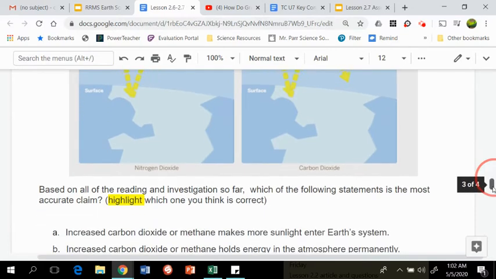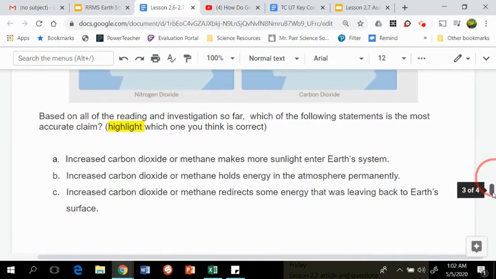So based on all of the reading and investigation so far, which of the following statements is the most accurate claim? You're going to highlight which one you think is correct. A, increased carbon dioxide or methane makes more sunlight enter the Earth's system. B, increased carbon dioxide or methane holds energy in the atmosphere permanently.